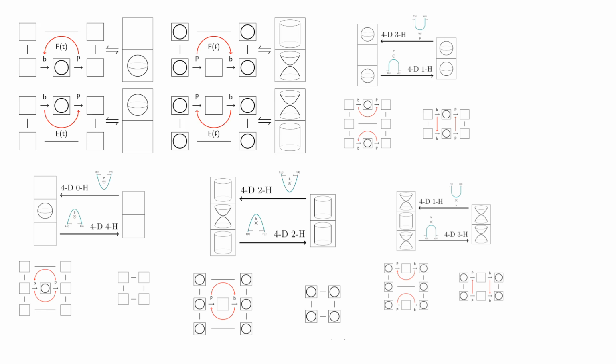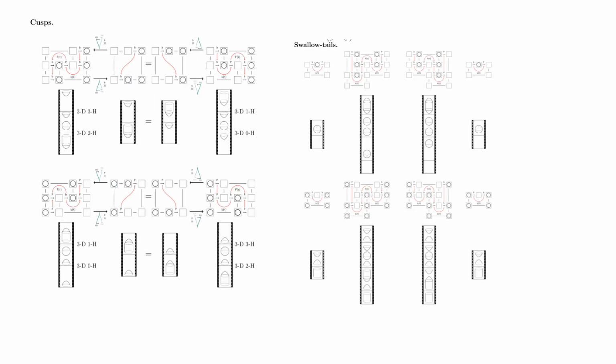And I'm lost about which size arrows we have, although I'm pretty sure that all of the two handles are labeled correctly. The cusps are critical cancellations, and the swallowtails are interesting rewritings of things.